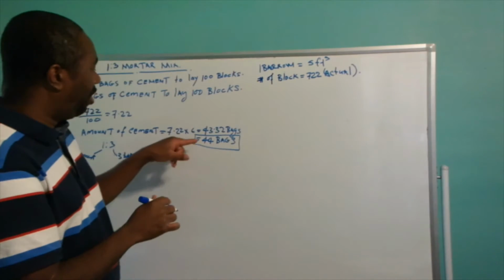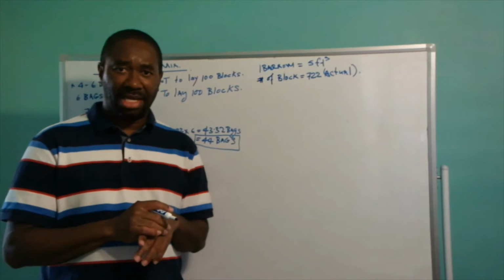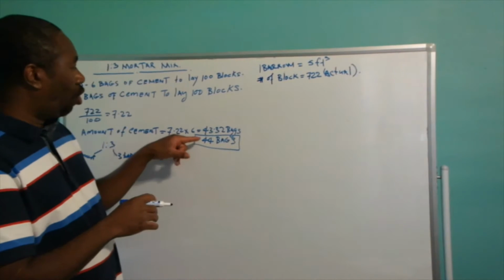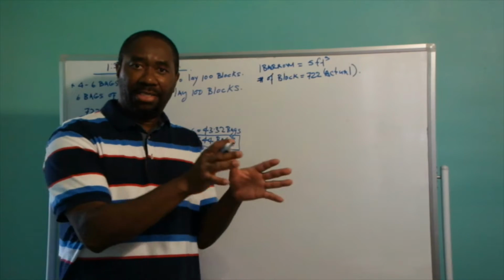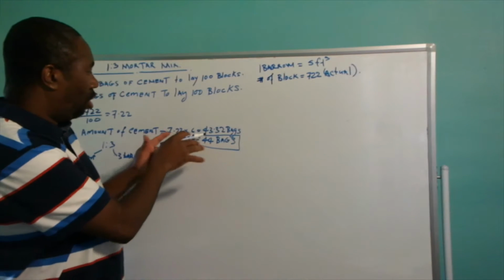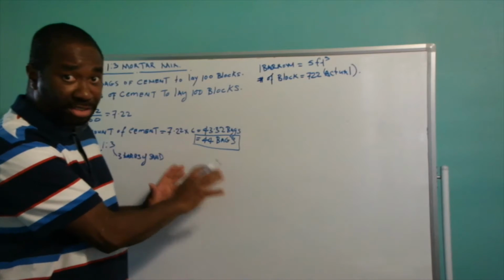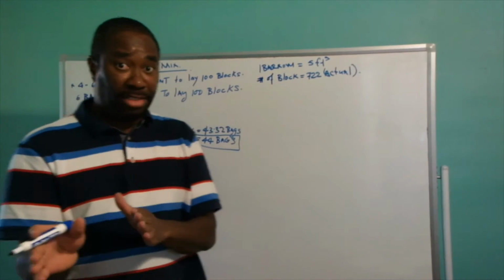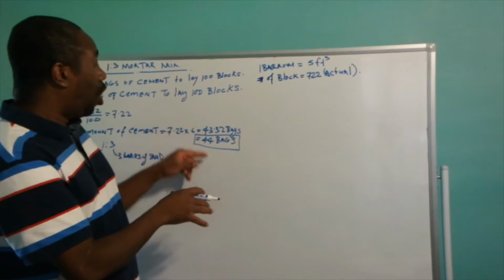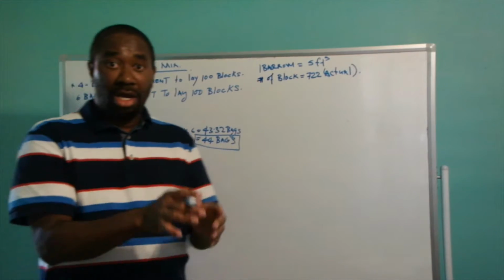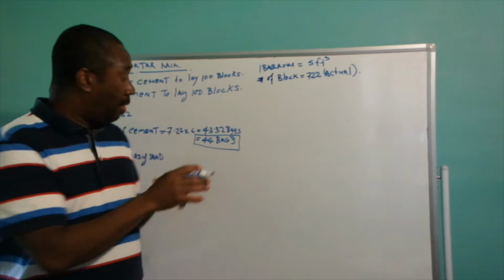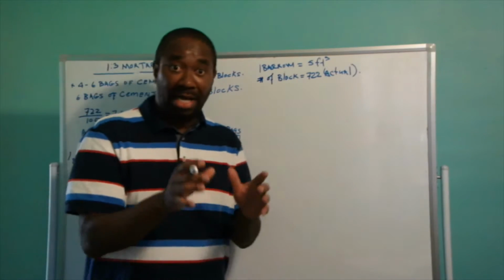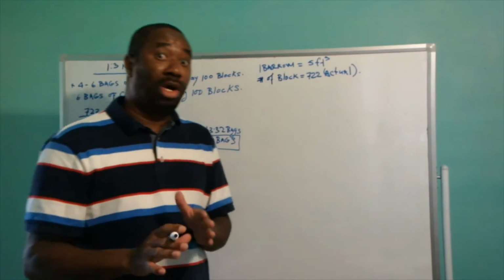So we have 44 bags of cement. We want to know how many barrels of cement are equivalent to 44 bags of cement at 1 barrel equal to 2 bags.